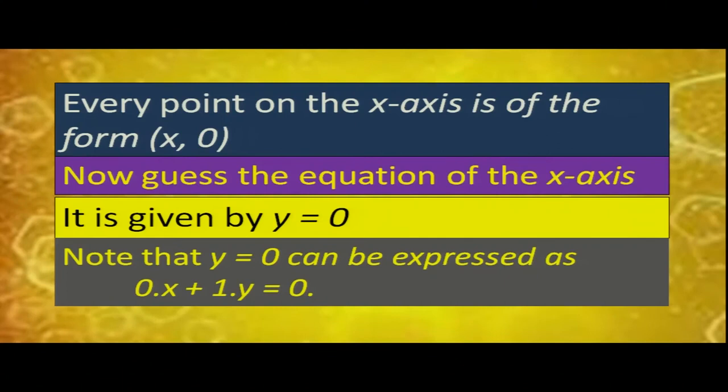We can write it like this: 0·x + 1·y = 0. On the left side, whatever value you put for x, the x term will become 0 and y = 0 is the result. So the equation of the x-axis is y = 0.